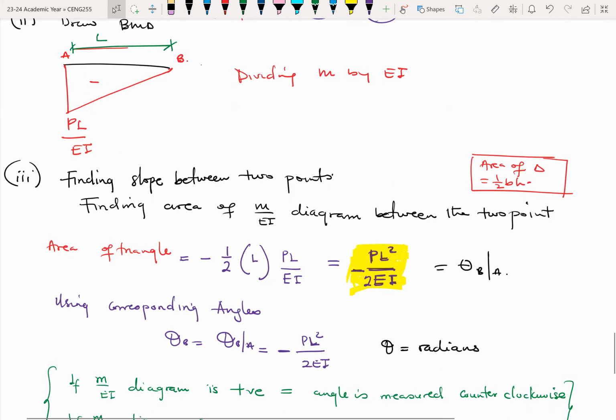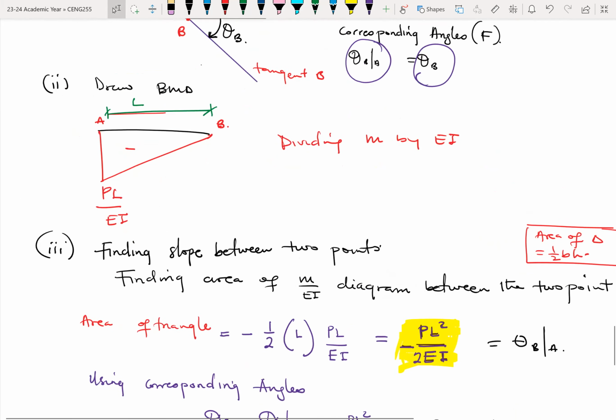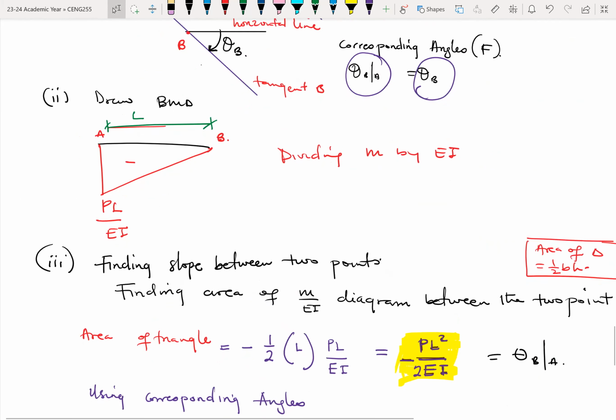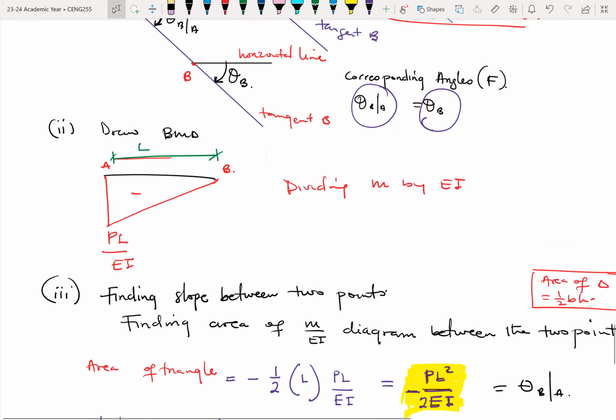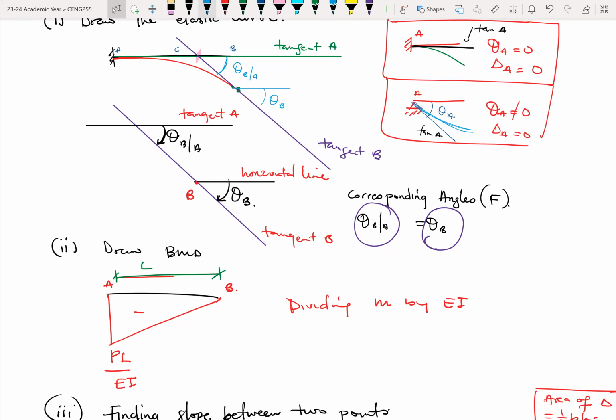So with this example, our moment was negative. We had a negative bending moment, which means that our angles will be measured clockwise. That's in basic terms what goes into the bending moment diagrams, in terms of trying to find slopes between points.